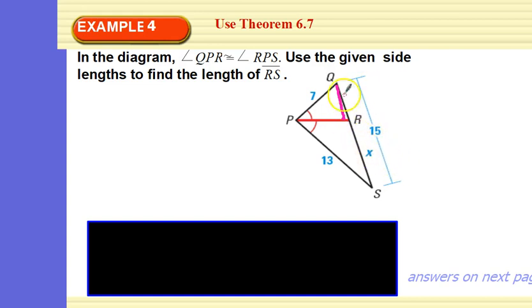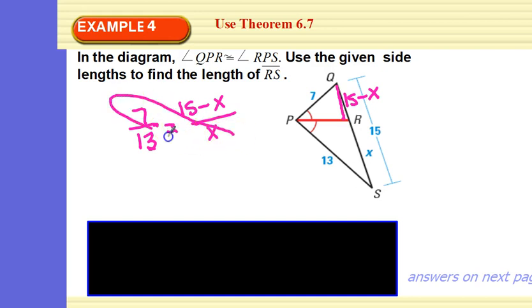Isn't it 15 minus X? Right? All right, so in that case, we're going to have 7 is to 13 as 15 minus X is to X, right?